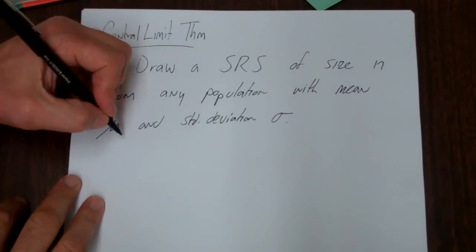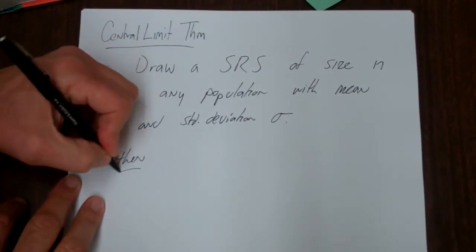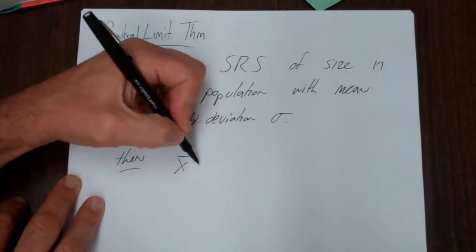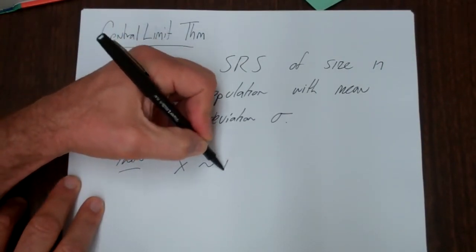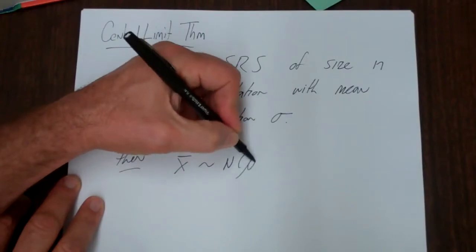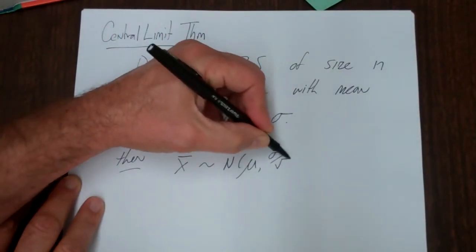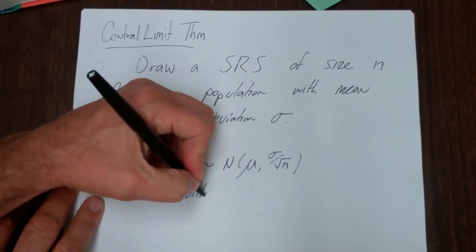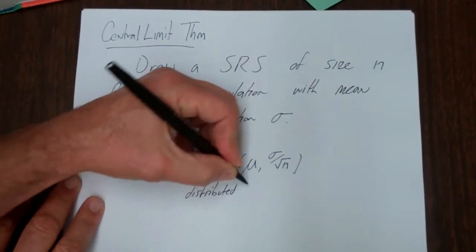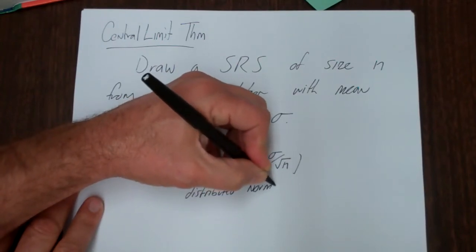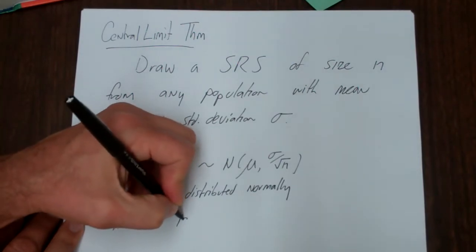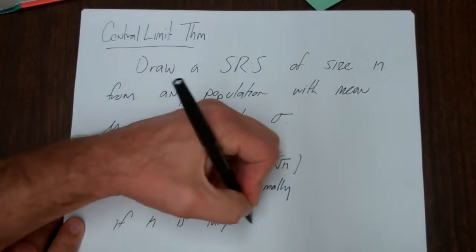Then what will happen is X bar will be distributed normally with mean mu and standard deviation sigma over square root of n. This just means distributed normally. If n is large enough.